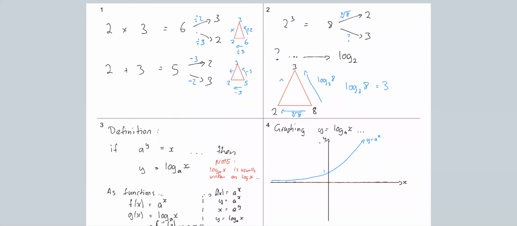So for y equals a to the power of x, we have the domain equal to all real numbers, and the range is y greater than 0. So every value for y greater than 0 maps to x, and every value of x maps to y. Okay, so it's 1-to-1, it's onto, therefore an inverse exists.